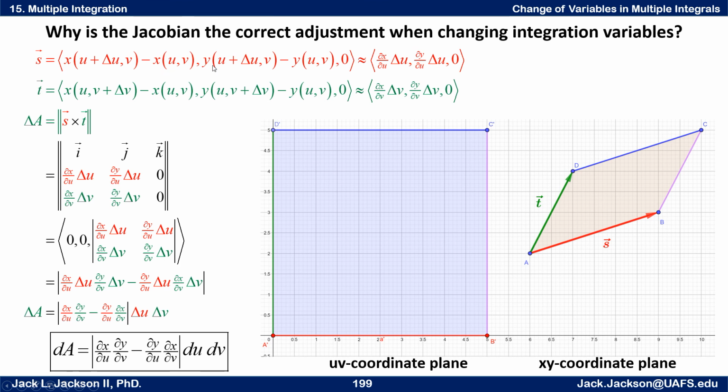Well, if you look at that, this right here looks a lot like the numerator of derivatives. This is just your partial derivative of x with respect to u times some delta u. And this is your partial derivative of y with respect to u times some delta u.